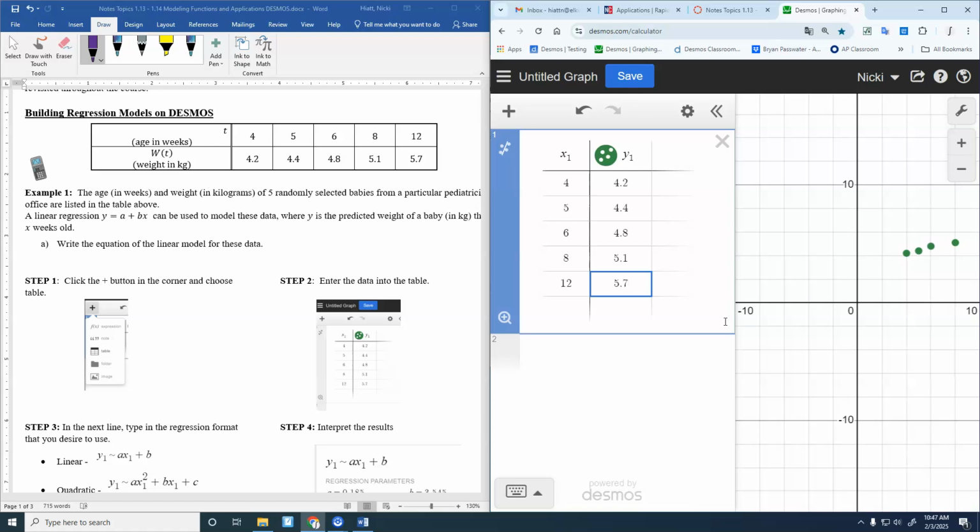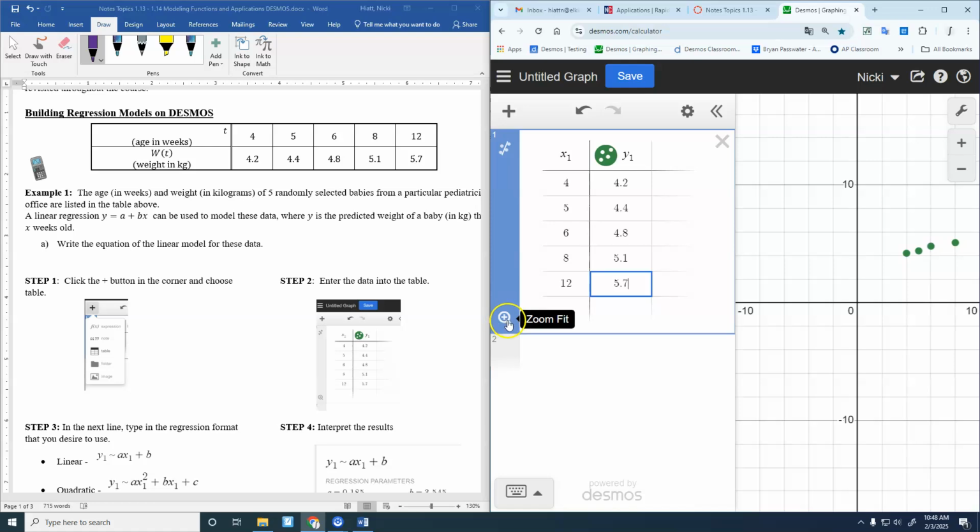Anybody remember what I do if I want to see that graph better here? What do I have to click? I'm missing one of them, because there's 5 points. I could zoom. That would work here, but there's a quicker way.